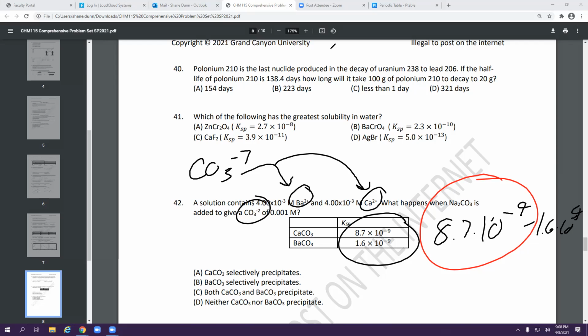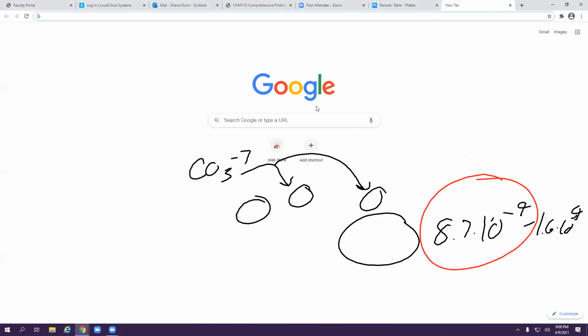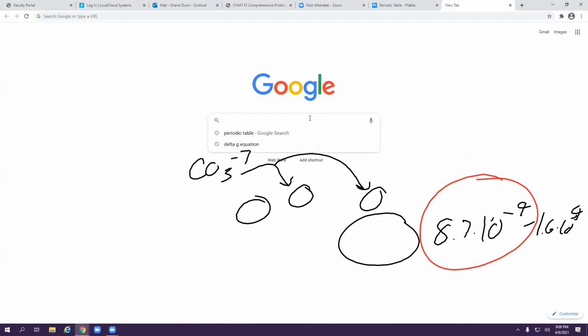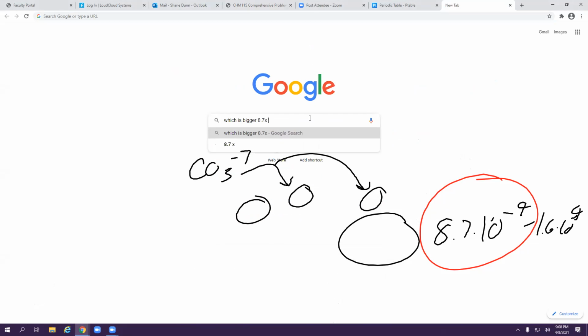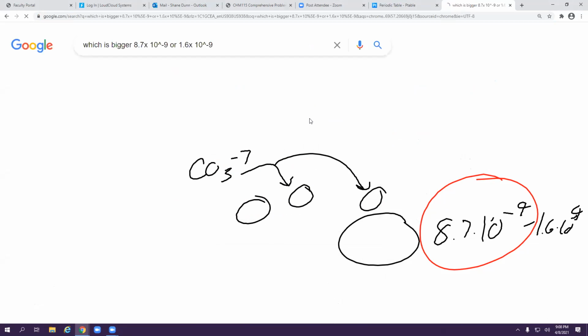Type it into Google, see what Google says. Which is bigger, 8.7 times 10 to the negative 9th, or 1.6 times 10 to the negative 9th?